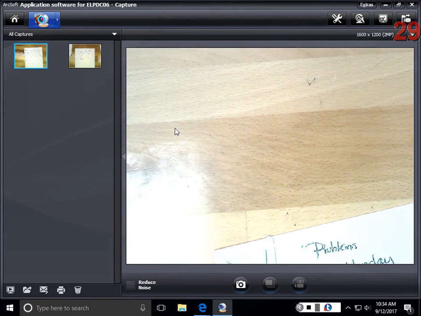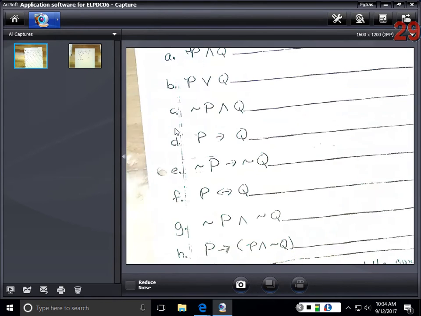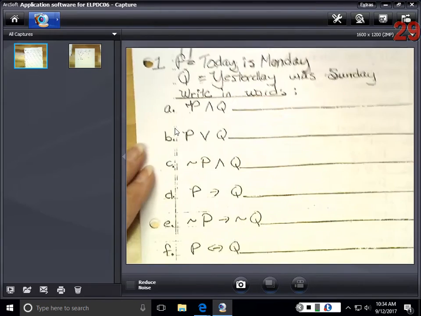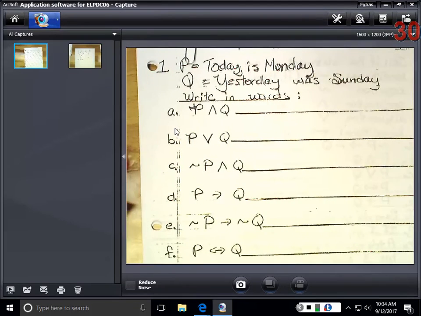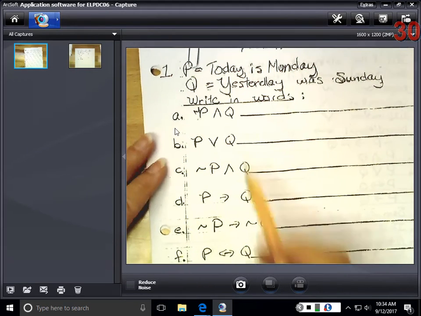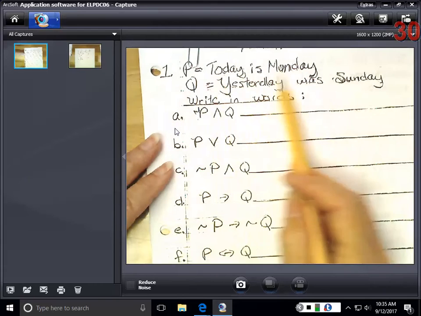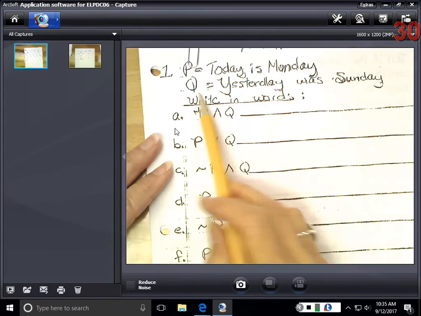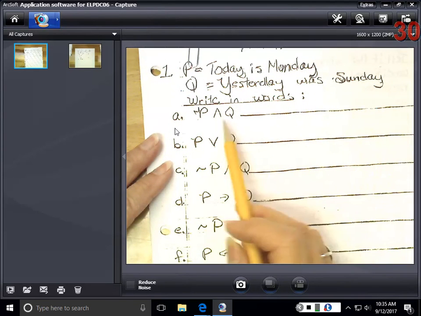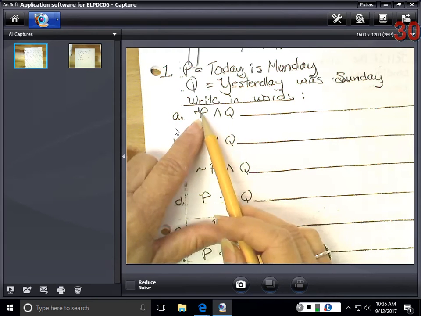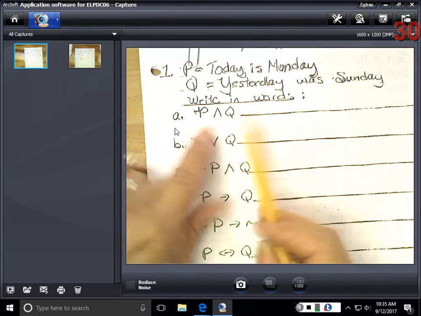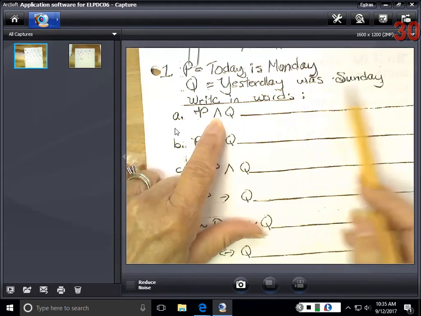All right, next thing we're going to do are these kind, where you got to use that chart on 101. Here is your P, today is Monday, here's your Q, yesterday was Sunday. You have to write it out in words. Today is Monday, and yesterday was Sunday.